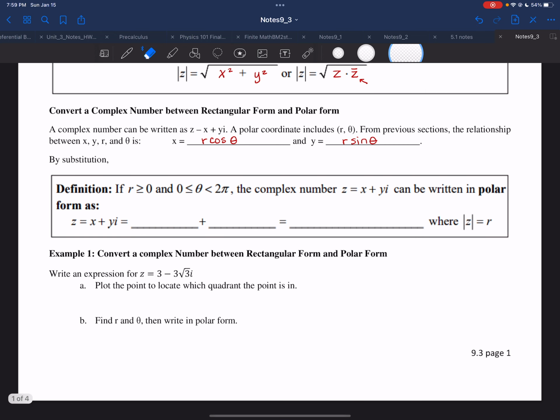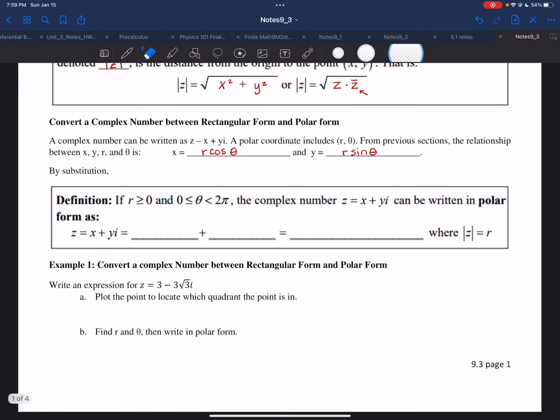So we have our initial expression. Of course, this would be r cosine theta plus r sine theta, and then I do have that i because it's an imaginary number. Well, what I can do is rearrange. I'm going to take my r and pull it out, so it's in both expressions, and then I'm going to put the i in front of my sine.